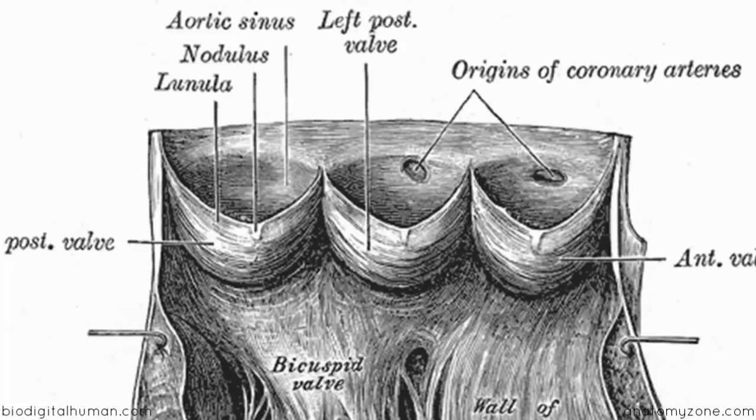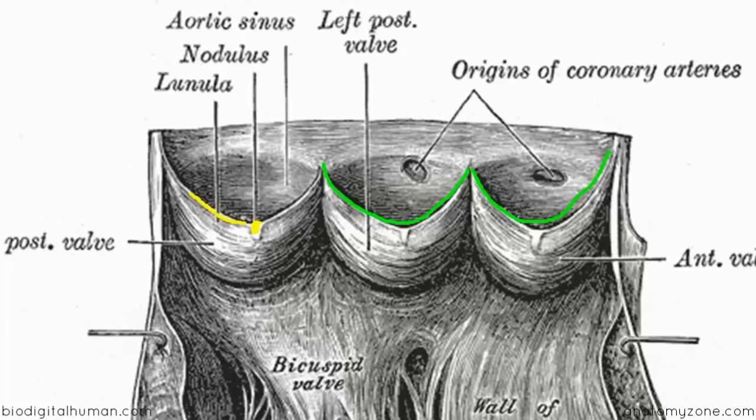What we're looking at is we've cut open a section of the aorta and the outflow tract, and we've opened it up flat. So we've got the three cusps in a row here. You've got the left cusp and the right cusp, and just like the pulmonary valve, you've got this thickening called the nodule, and you've got this thin part which is the lunulus.